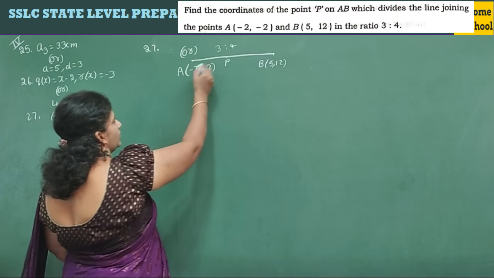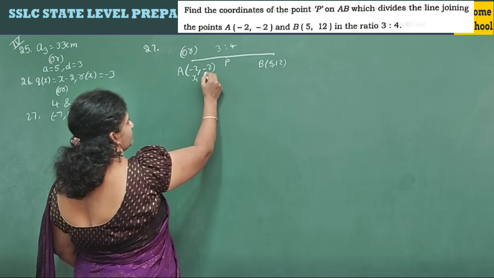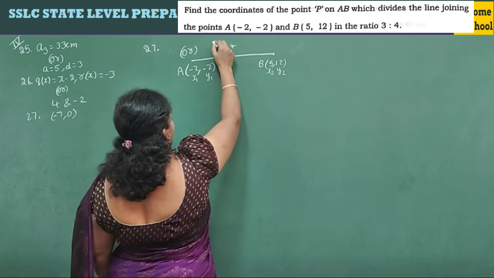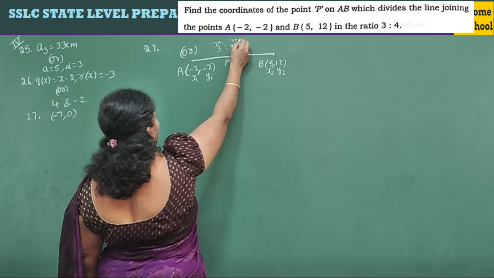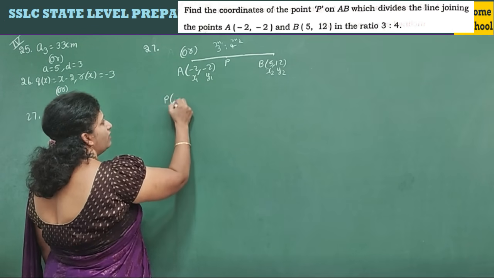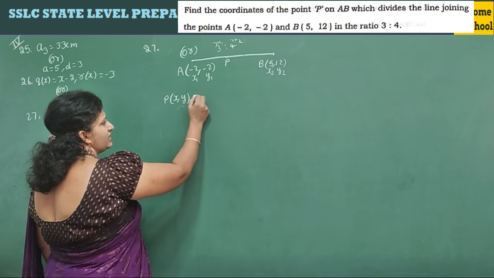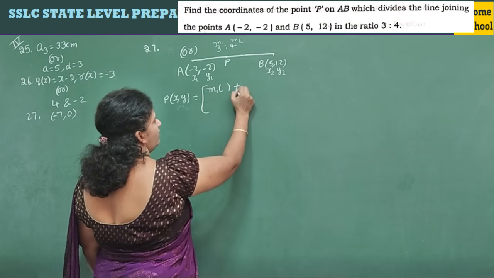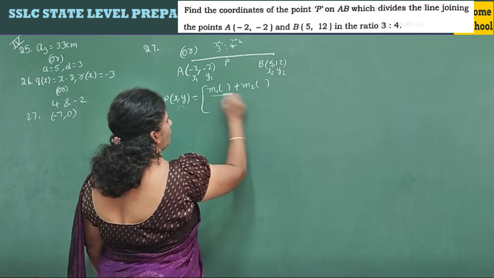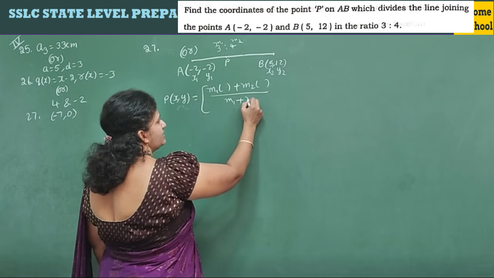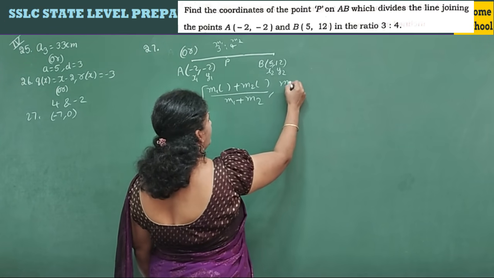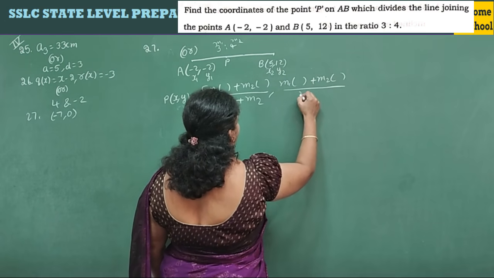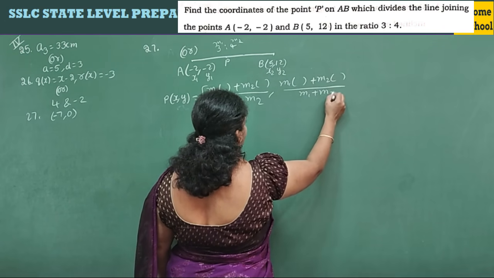So let me mark this one first: x1, y1, x2, y2, m1, m2. Section formula, P of (x, y) is equal to, easy to write, children, this formula: (m1 plus m2) by (m1 plus m2) comma (m1 plus m2) by (m1 plus m2).